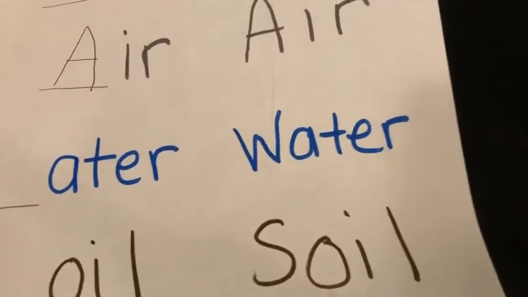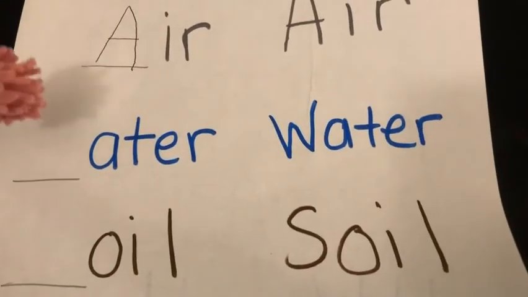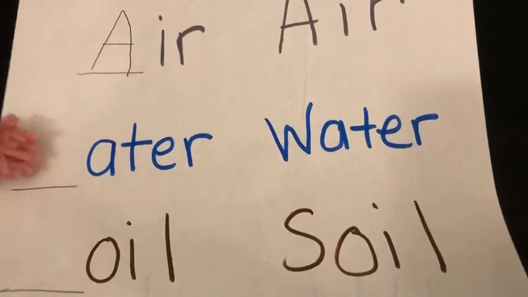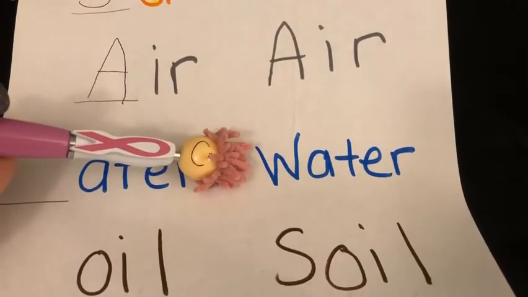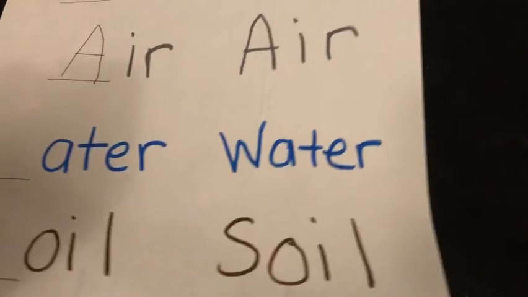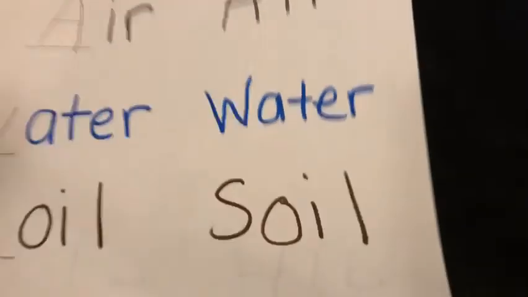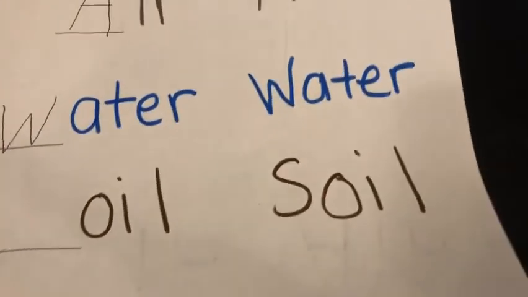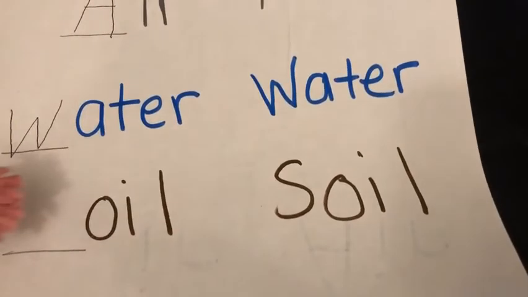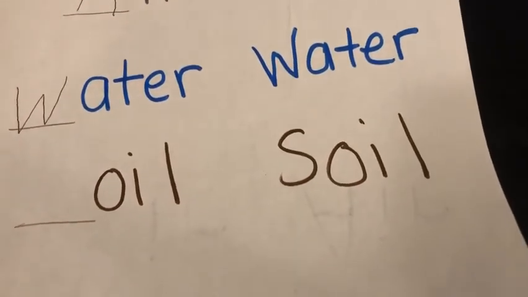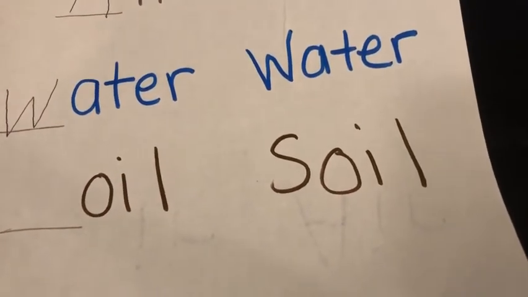Now, the next thing a plant needs is water. So, we need to write the first letter. What's the first letter in the word water? W. Good. And then, what is the first letter for the word soil? Soil is the last thing our plants and flowers need.